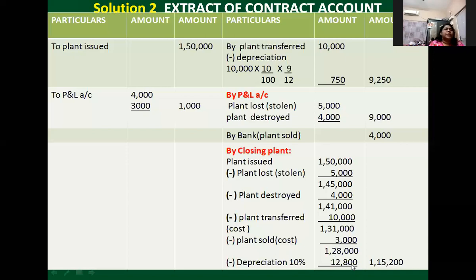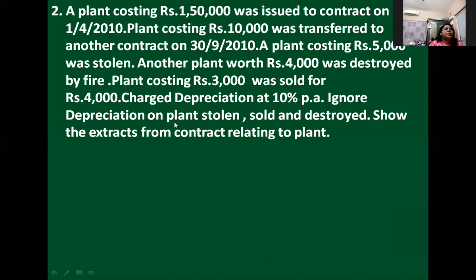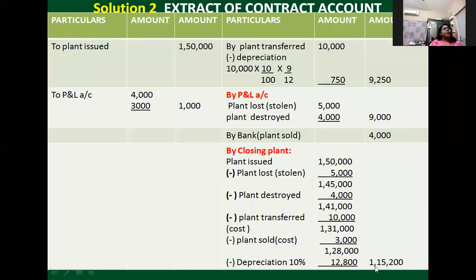So 12,800, so 1,15,200. So 12,800 is the depreciation, because the information is very clear, the information is 1/4/2010. So we assume that the contract is ended in the next year, 31/3/2011, and then we need to calculate for the whole year. 12,800.